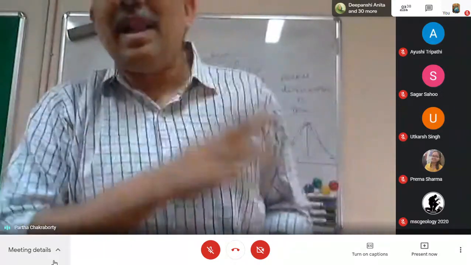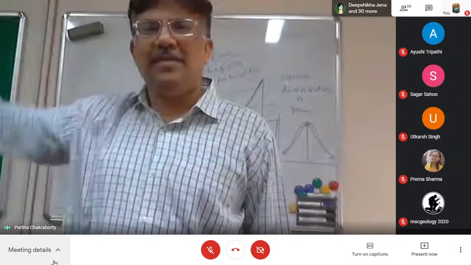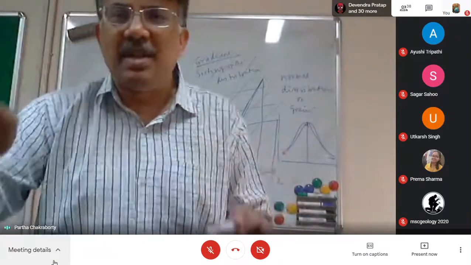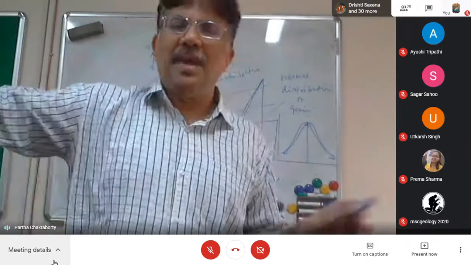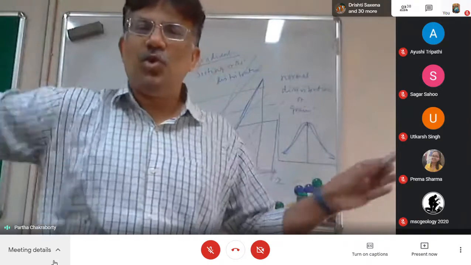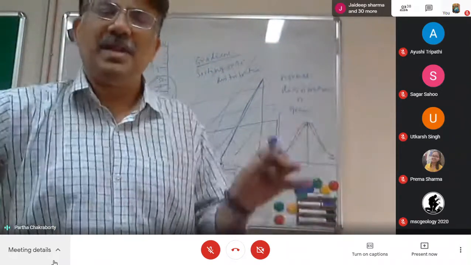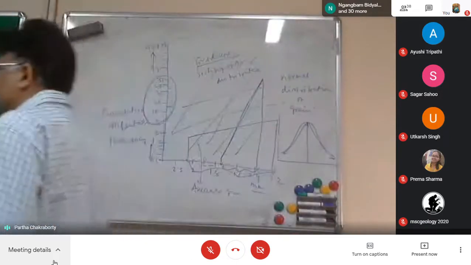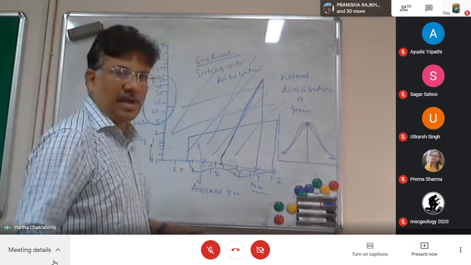But if I club all the students of the department, from BSc 1 to MSc final year, and plot it, then the gradient of the line will become more gentle, because you are putting it on a larger age range, about 5-6 years, and the gradient of the line will become more and more gentle. This is what is called the sorting. Is it clear?